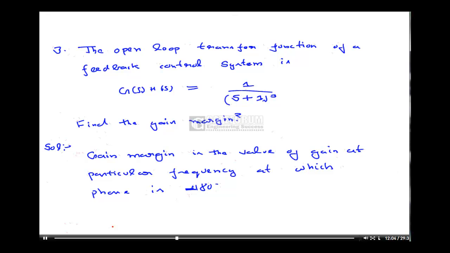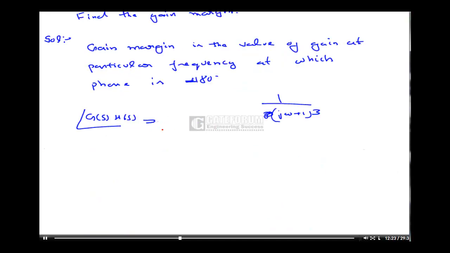Okay, now to find the value of frequency, first I need to find the phase of this. So the phase of G(s)H(s), convert this to 1 by (j omega plus 1) whole cube. So the angle of this is minus 3 times tan inverse omega.